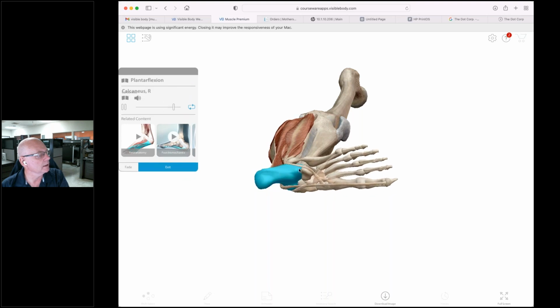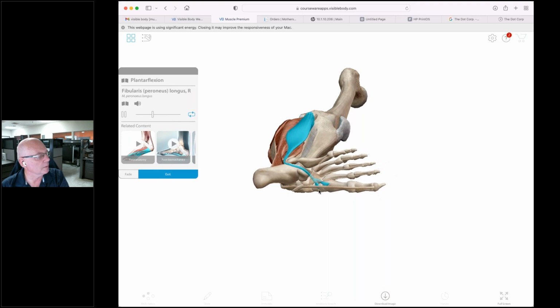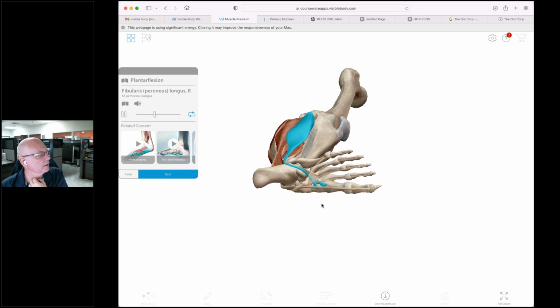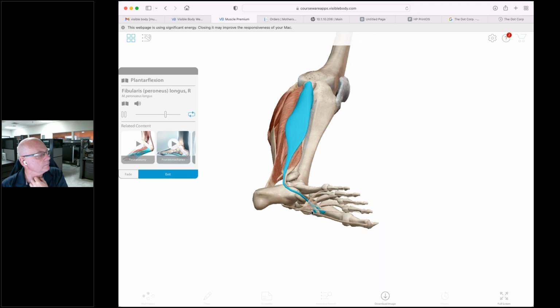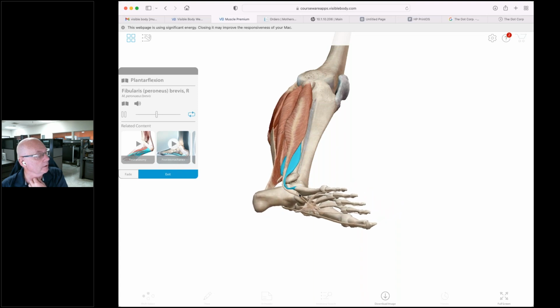So when I select fibularis longus, you can see where it comes out. It comes all the way underneath the foot to the metatarsal and medial cuneiform. Whereas, once again, fibularis brevis just comes to the fifth metatarsal there.